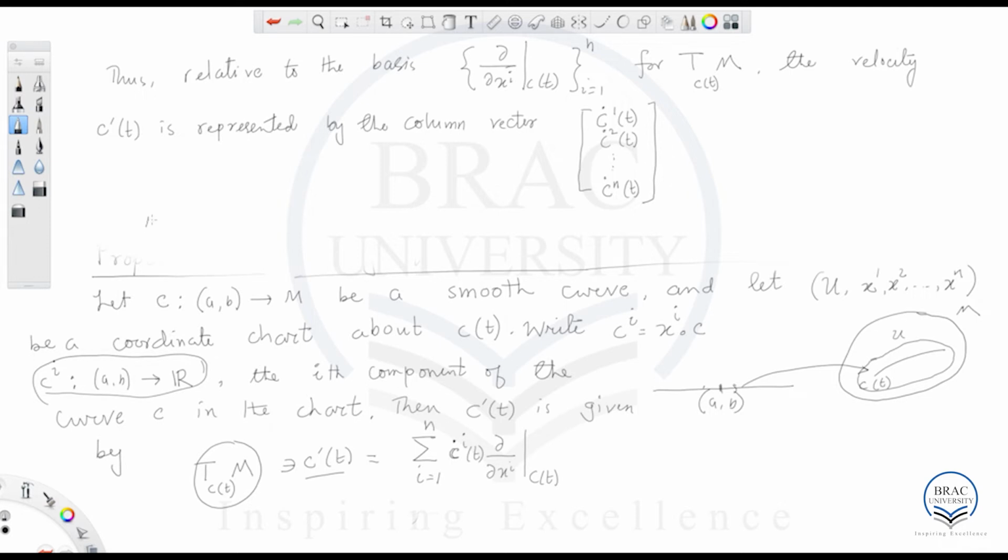So like I said before, ci dot of t, which is the ordinary calculus derivative, this is a scalar, okay, is the derivative of the real valued function ci of t.